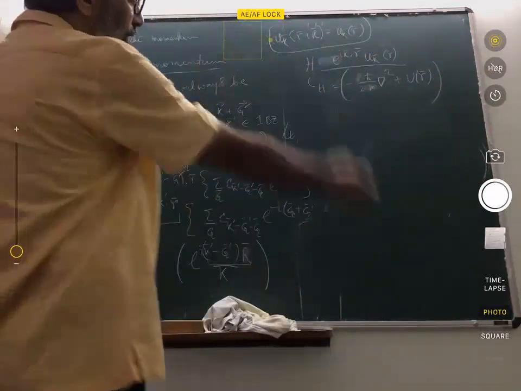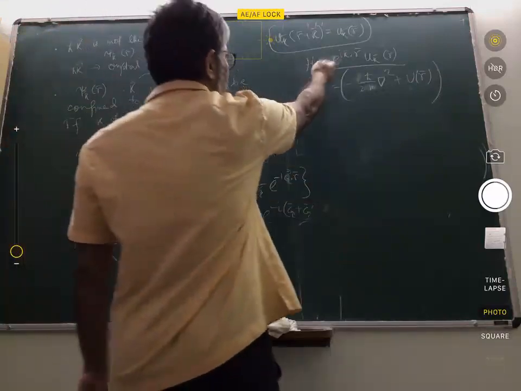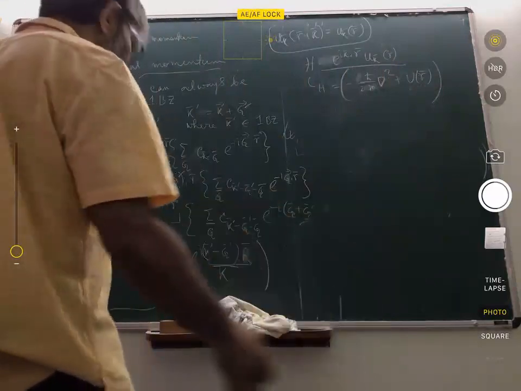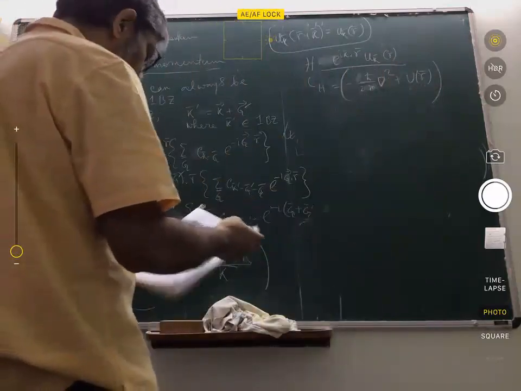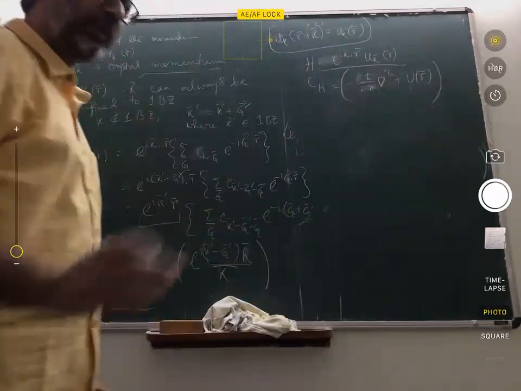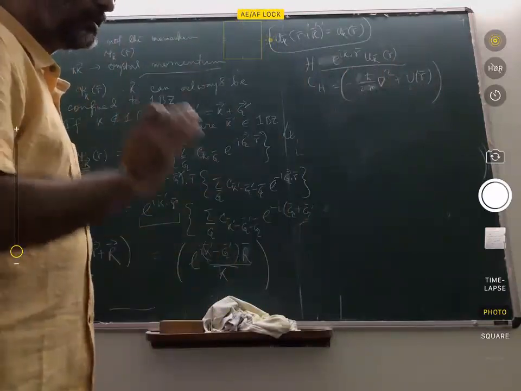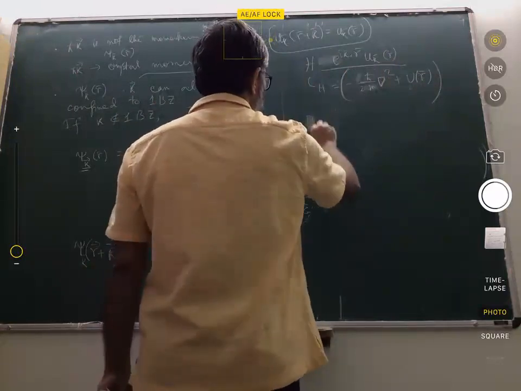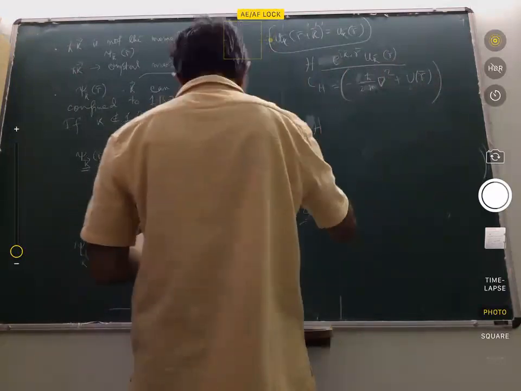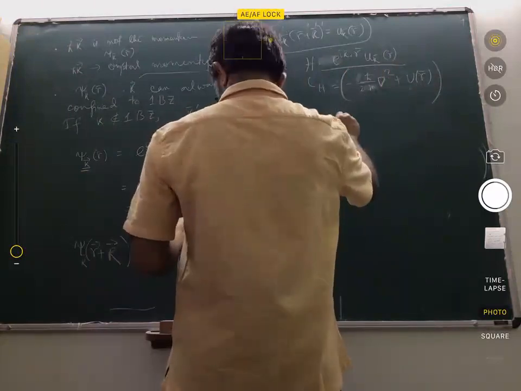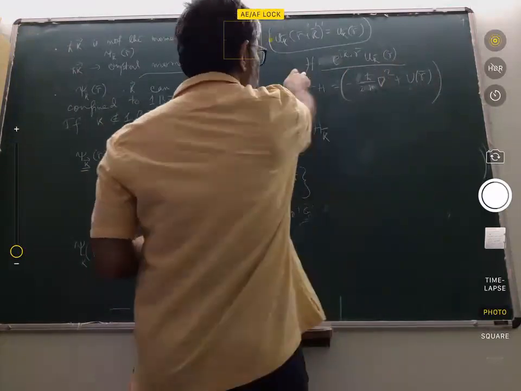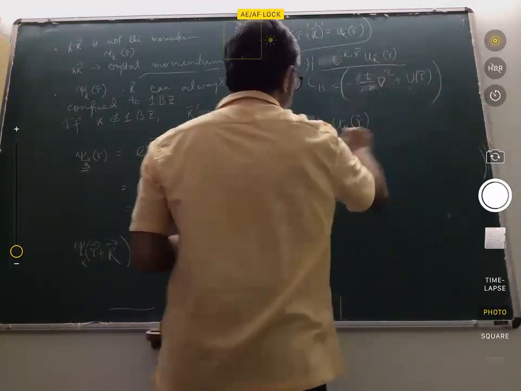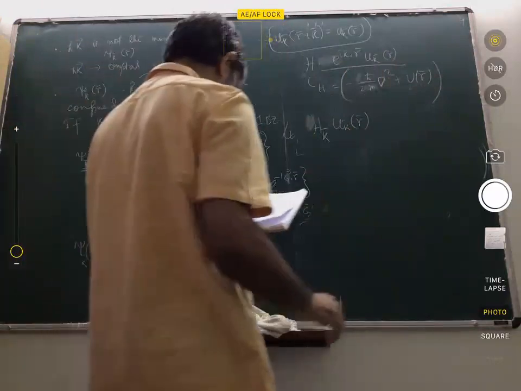Consider this wave function to be a product of two functions, and you have these two terms in the Hamiltonian; then you work through it. What you will end up getting is an eigenvalue equation for the U_K of this particular form. H_K is different from this H. H_K acts on U_K. I'll write the final form that we will get.